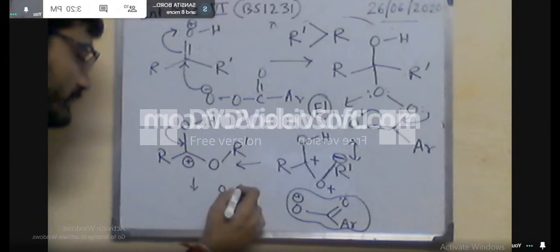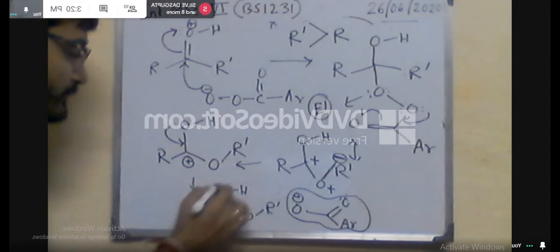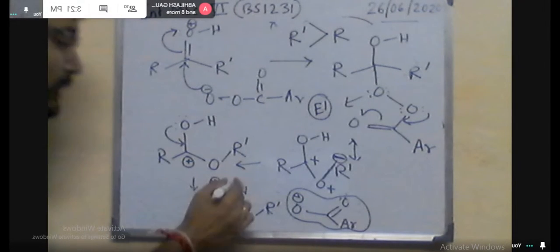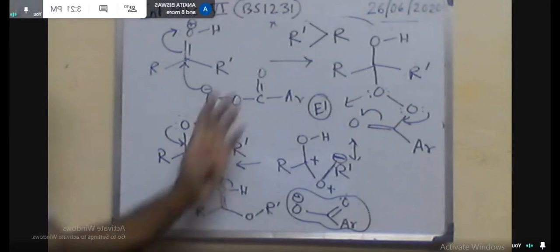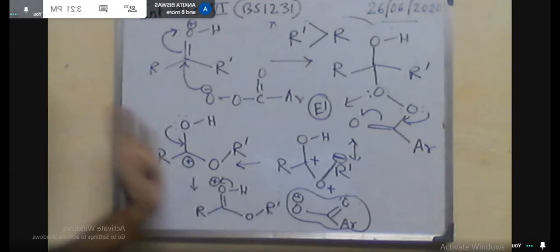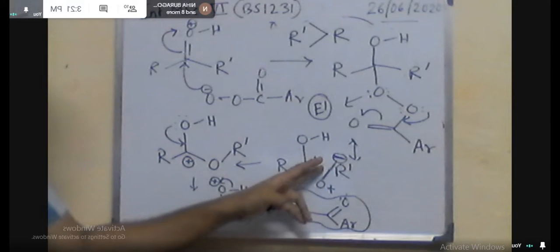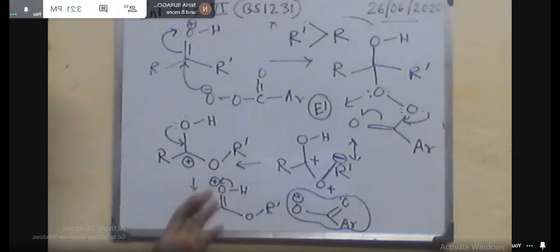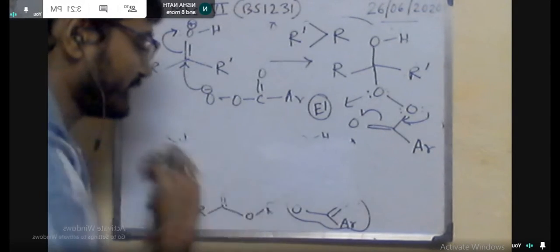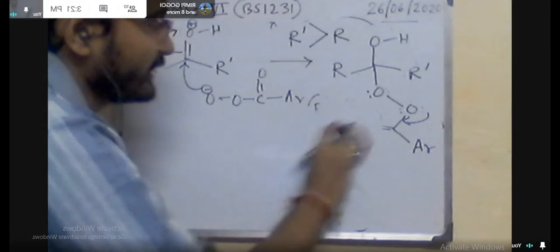So this is the generalized mechanism of the Baeyer-Villiger oxidation, and this pathway is basically the concerted pathway, not the stepwise pathway. As I have shown here, this is the plus, minus, plus, this is for your understanding, but the actual mechanism is, as this oxygen is electrophilic in nature, this group will migrate by abstracting the carbon-R bond electron, that means the sigma electron.